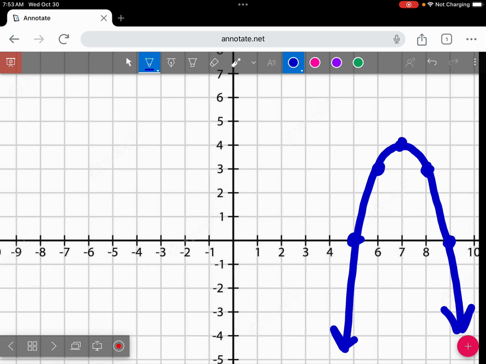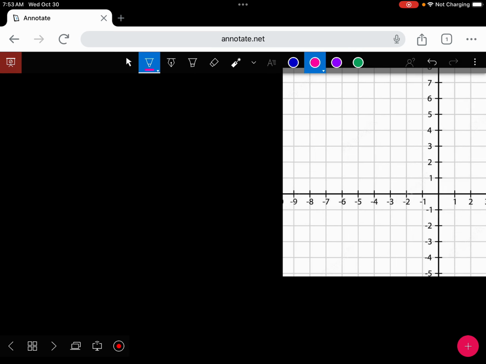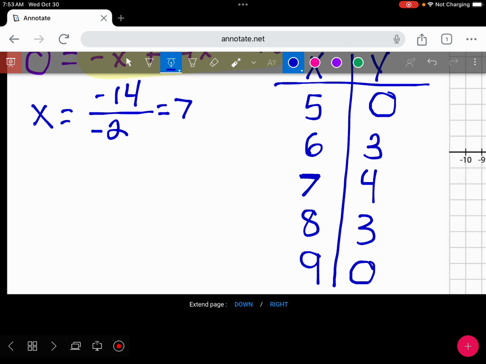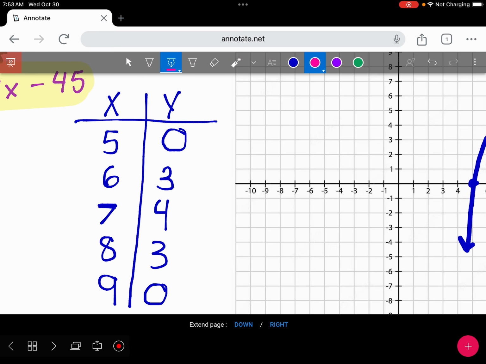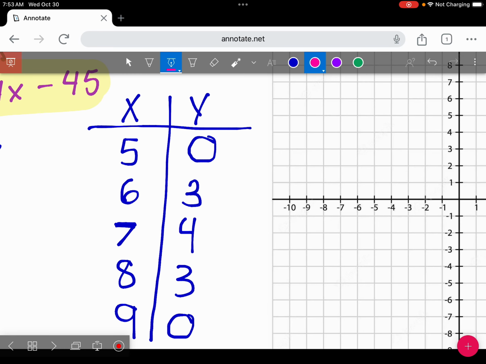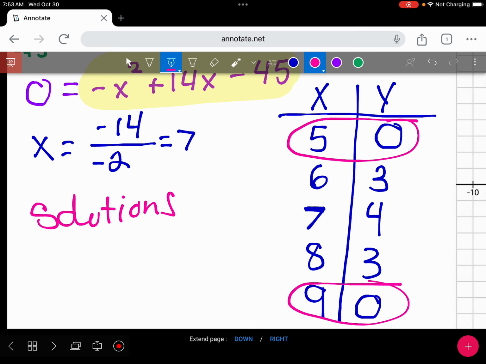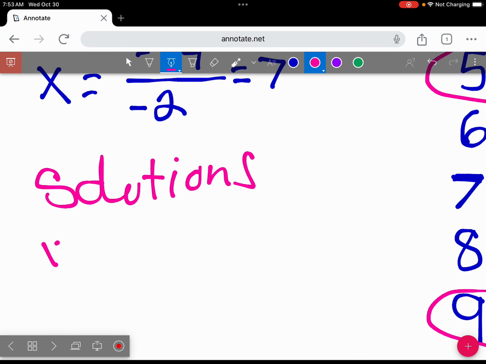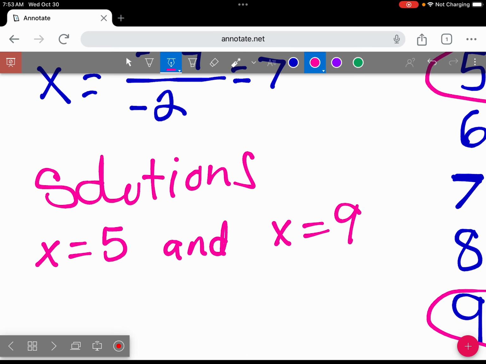So where are our solutions? Our solutions are our roots, our zeros, our x-intercepts. It's also when we have zeros for our y. So our solutions are when x equals 5 and when x equals 9.